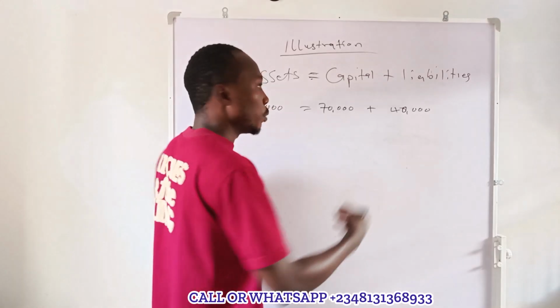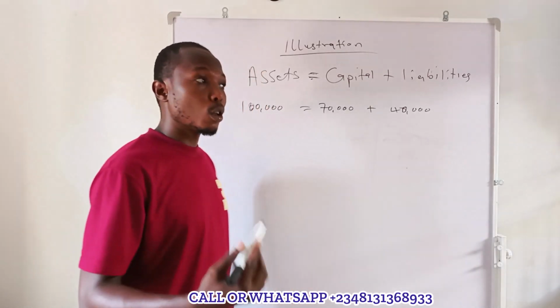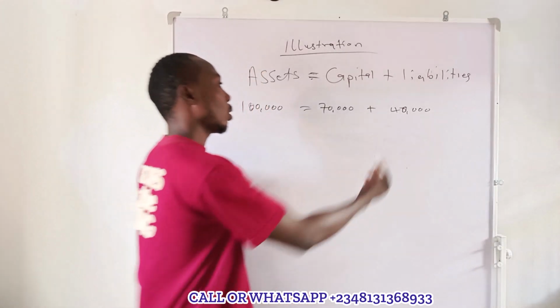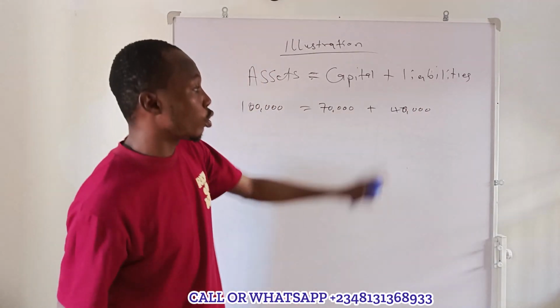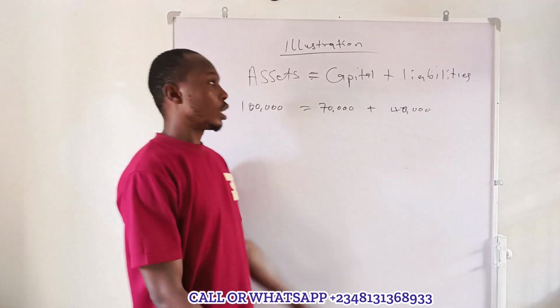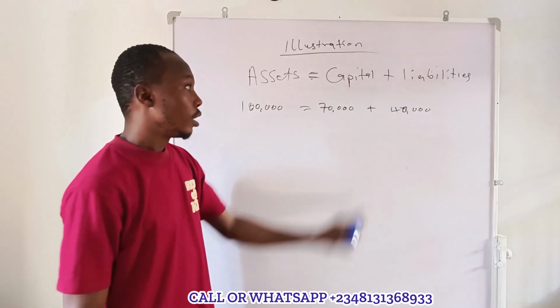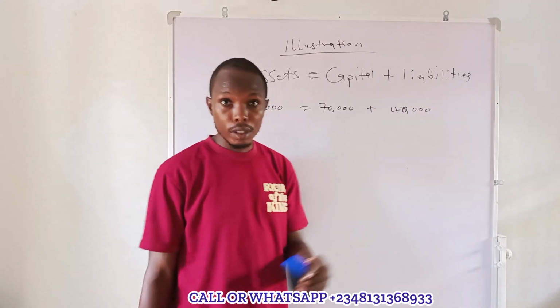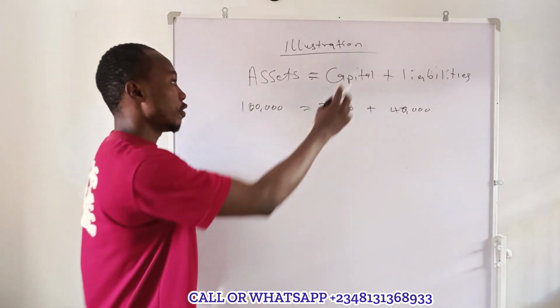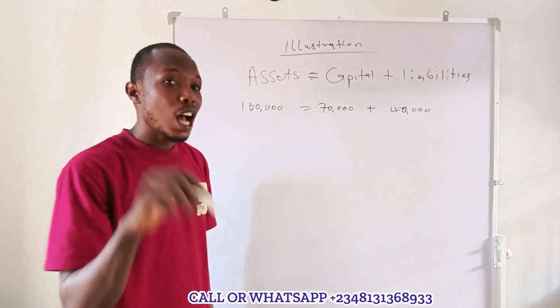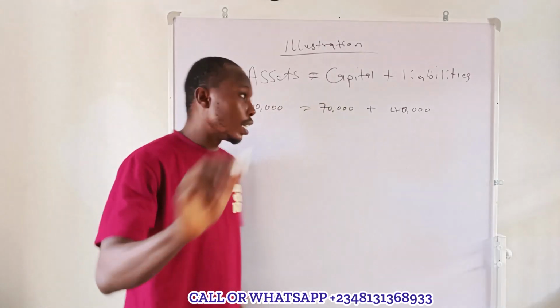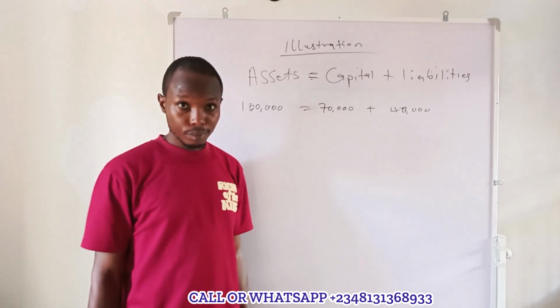So I go to Mr. ABC, ABC Limited, and decide to acquire inventory worth 40,000. Now, on receiving this inventory, 40,000 is the actual liability, but on receiving the inventory it was recorded as 30,000.